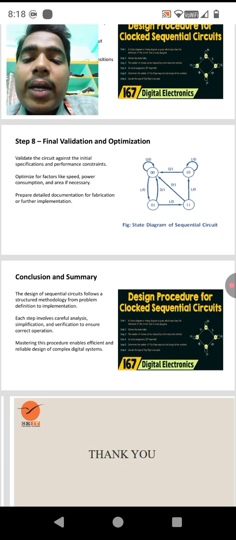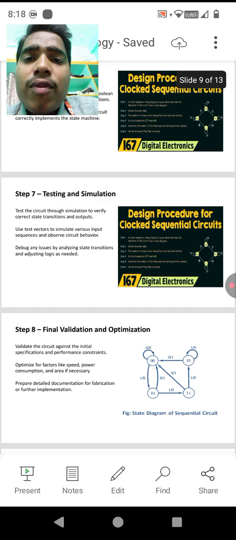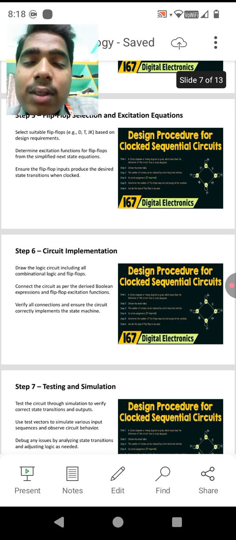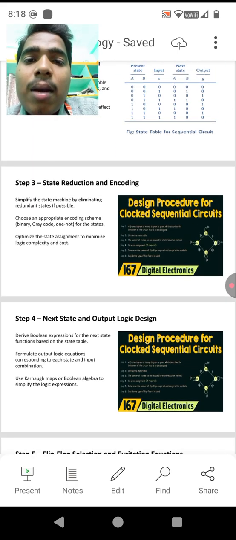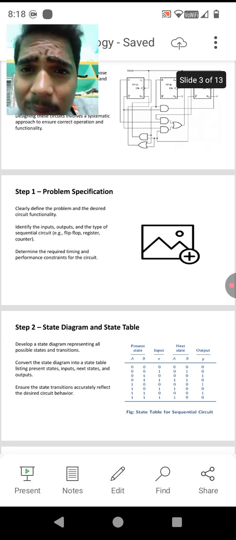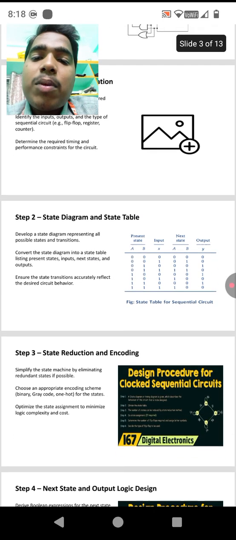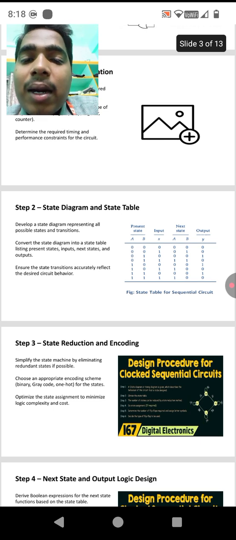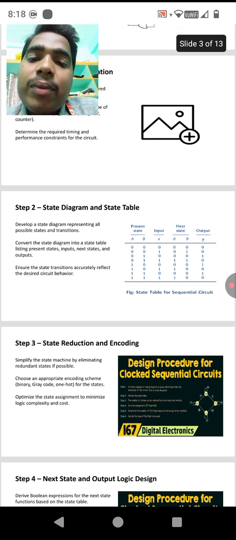These are the 8 steps for the design of sequential circuits and methodology. Step 1, first, problem specification. Step 2, state diagram and state table.